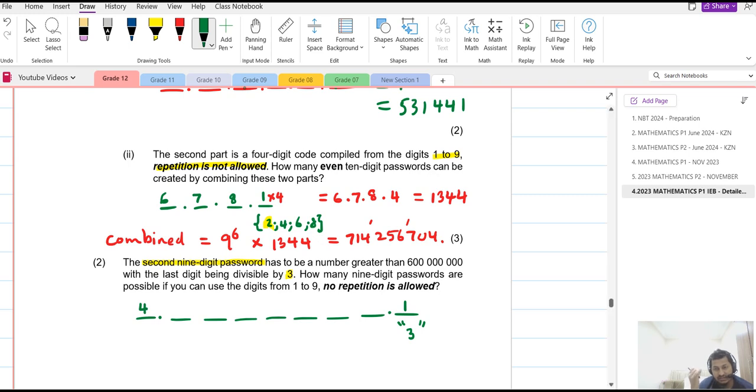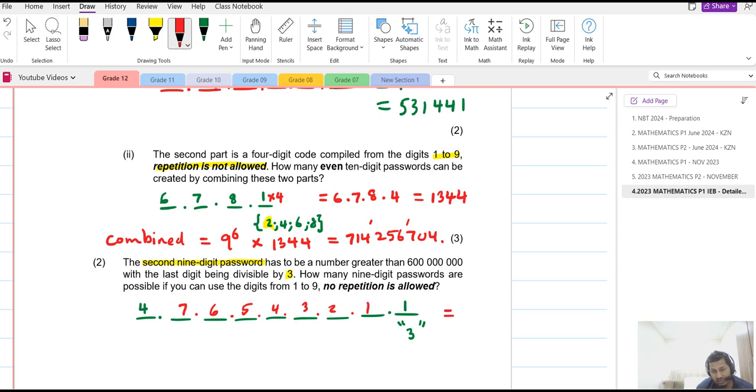I chose a number more than 6. Now in between here is the rest of the numbers that goes there. Remember, I used up 2 numbers, so I'm left with 7, 6, 5, 4, 3, 2, and 1.